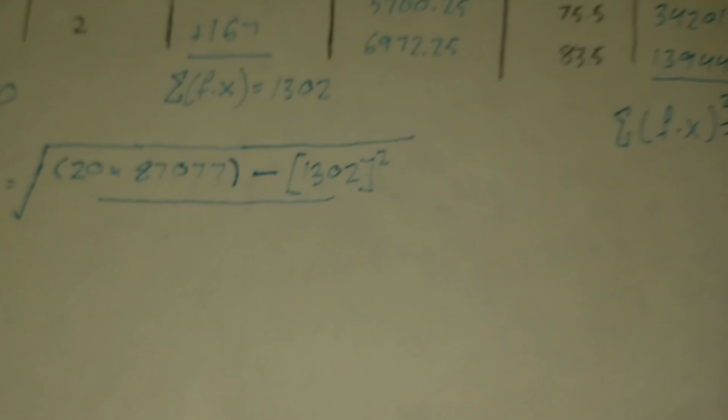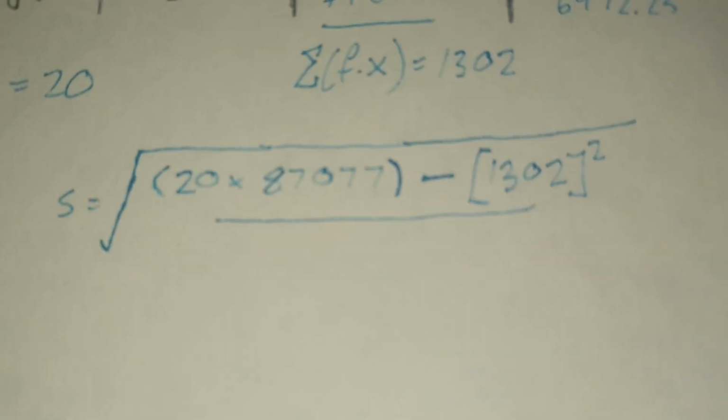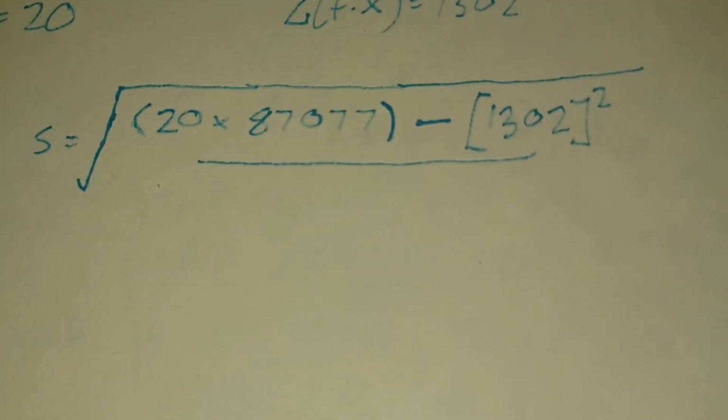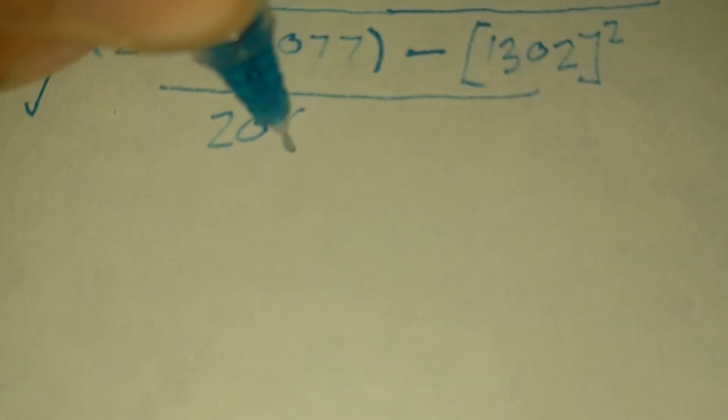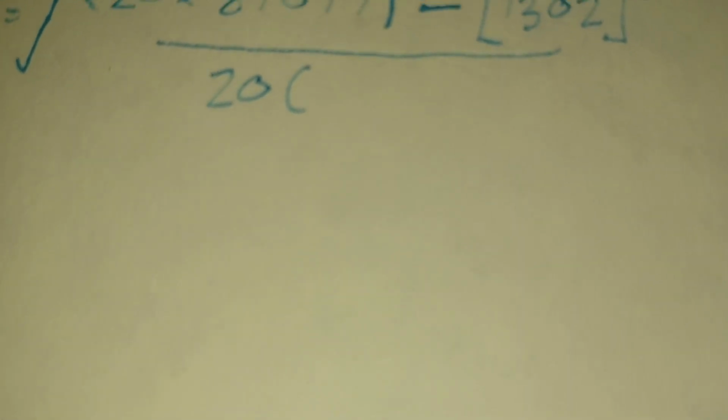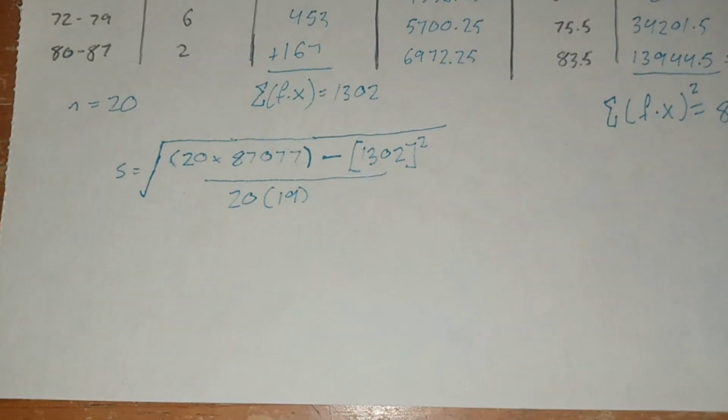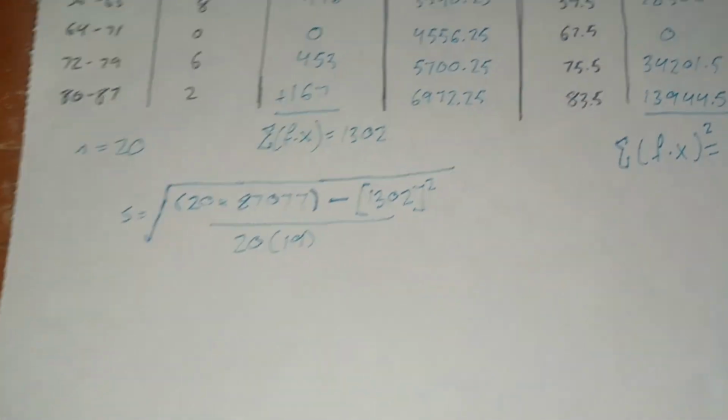Divided by n, which is again 20, the sample size, times n minus 1, 20 minus 1, 19. So we are going to compute this.